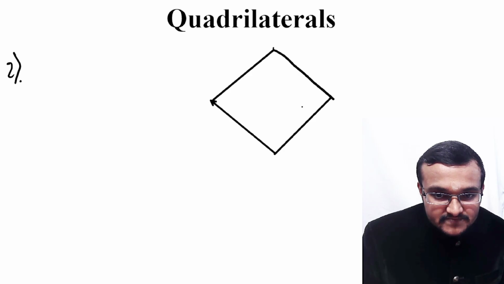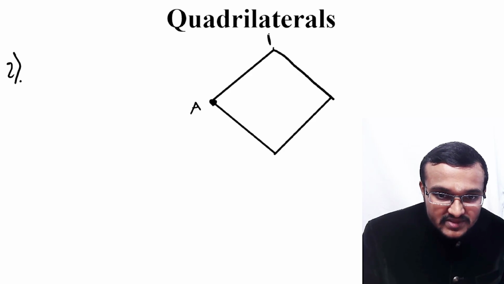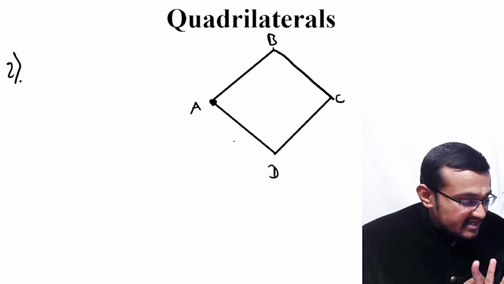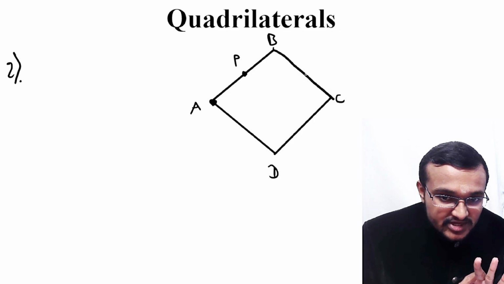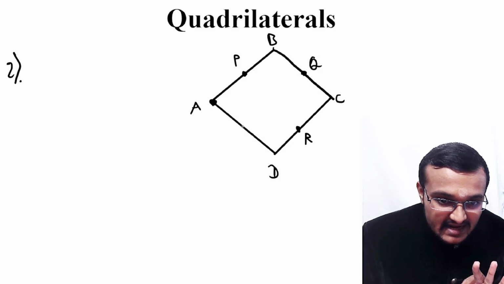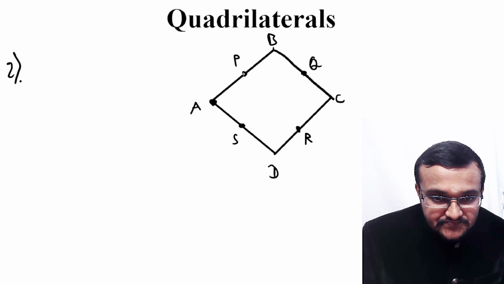We'll call this A, this B, this C, and this D. Now P is midpoint of AB, Q is midpoint of BC, R is midpoint of DC, and S is midpoint of AD.